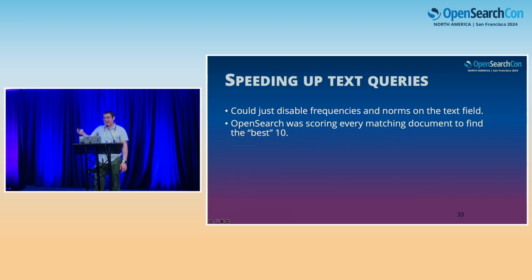It can't stop, because for all it knows, the next document could be better, could make its way into the top 10. So it had to run through all of these millions of documents. Meanwhile, if you can't do scoring, you can collect any 10, like, say, the first 10. So instead of collecting millions, you collect 10 documents, which I hope you can appreciate is faster.